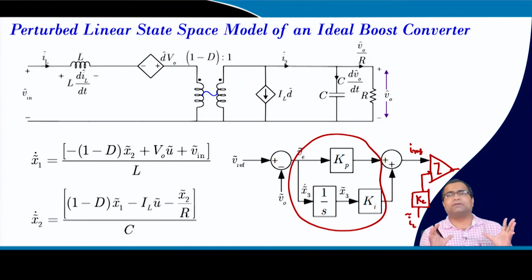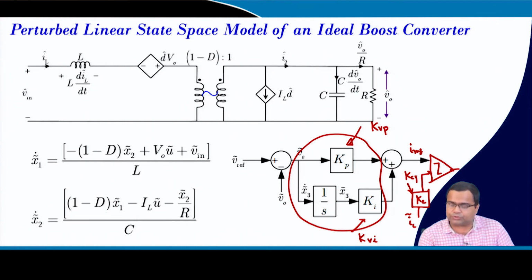So, in this state feedback control, we are taking both the current state and the voltage error, where we have KVP, the voltage controller proportional gain. This is the voltage controller integral gain, and this is nothing but your current controller proportional gain.